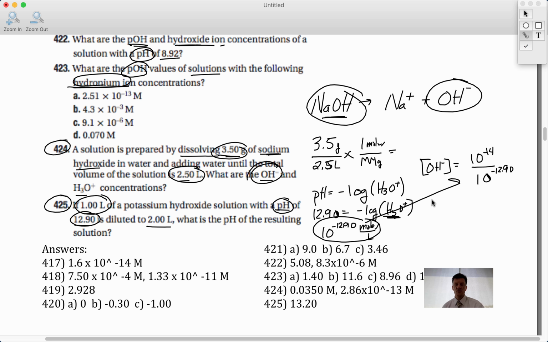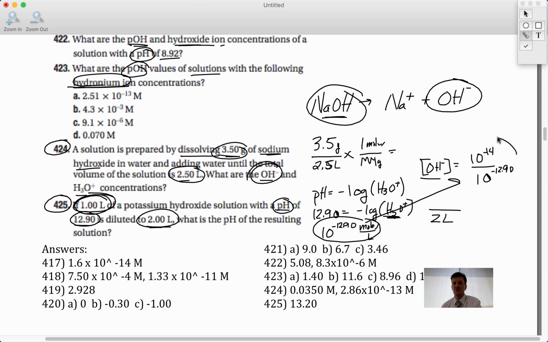And then once you get the concentration of hydroxide, that was for 1 liter. Now it says you're going to dilute it to 2 liters. So basically, you're going to dilute it by doubling the volume. So now you're going to take this concentration right here, and now it's no longer for 1 liter, it would be for 2 liters.